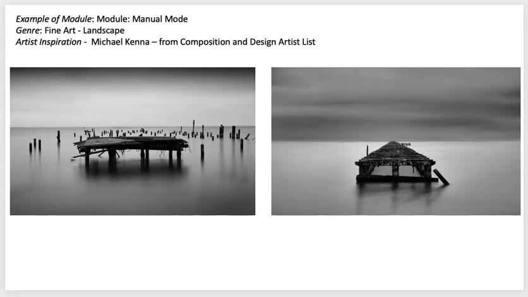The student was really influenced by the manual mode module and learning more about long exposures. So they decided to do a series of fine art landscape photographs inspired by and leaning on the type of images that Michael Kenna creates. And so you can find more information about him as well.